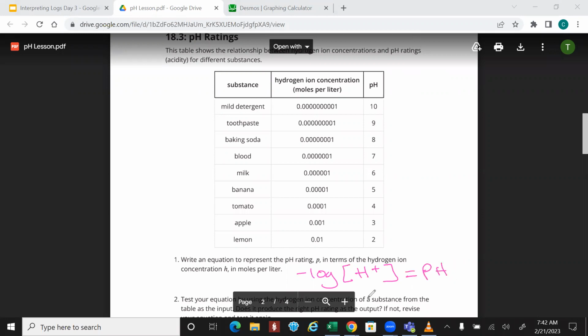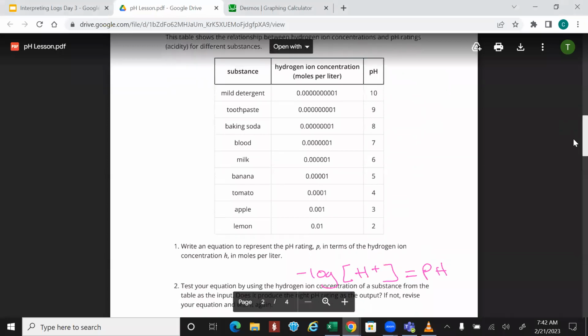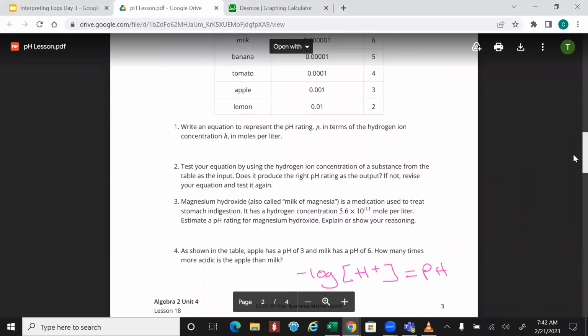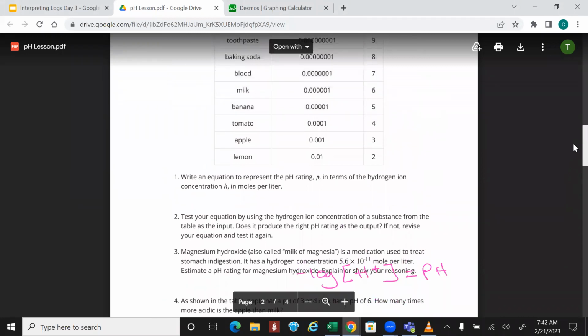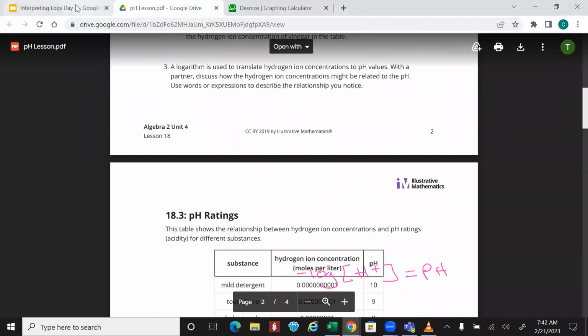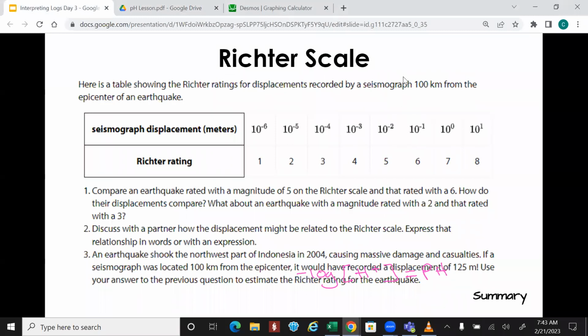And you want to get comfortable with this equation because what they often like to do is say, take this equation and rewrite it to solve for H. Get comfortable with that equation. All right, we're going to jump back to the slides.